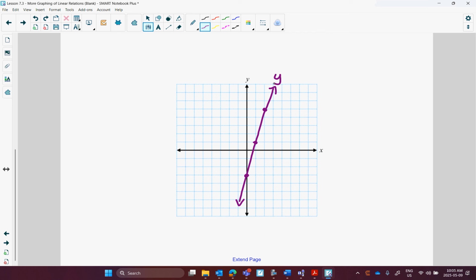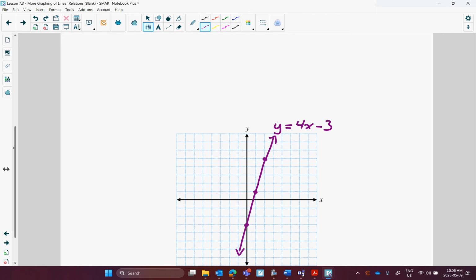So this is a visual picture of the equation y equals 4x minus 3. When there's no fractions and y is by itself, it's pretty straightforward.